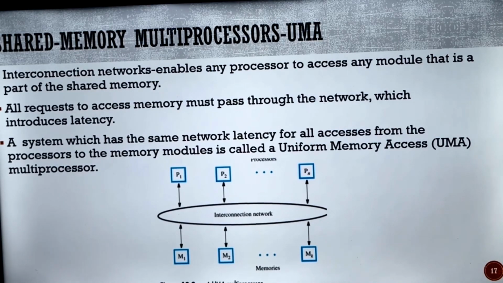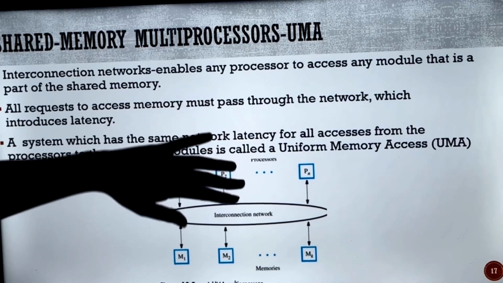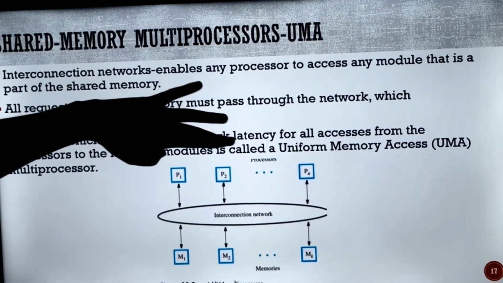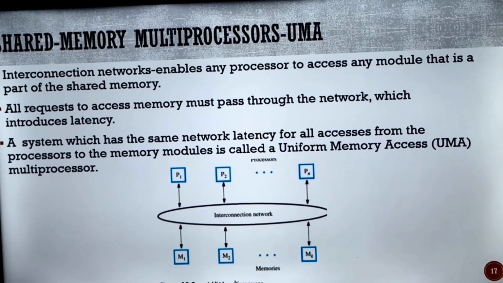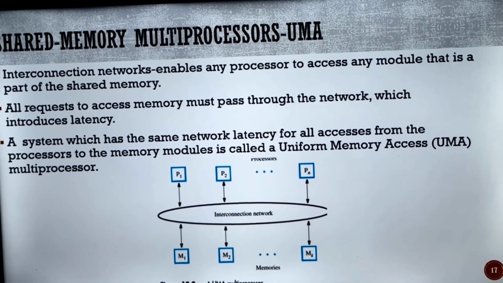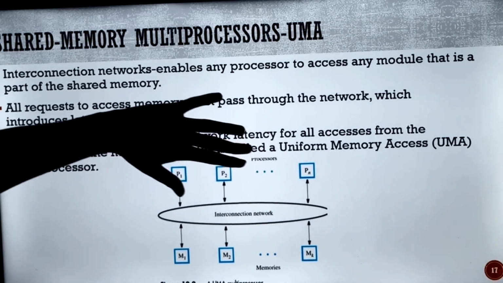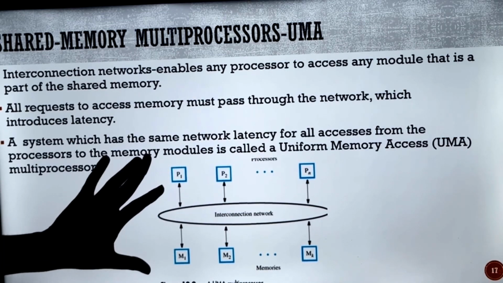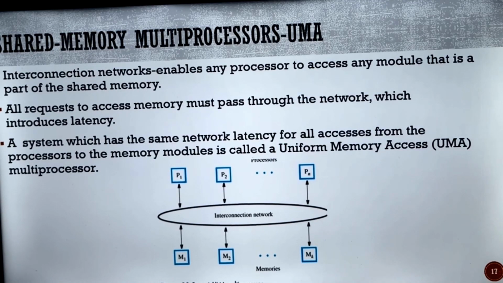In this architecture, there is also no concept of boss and client. Every processor gets equal preference and has equal probability to get the data. There is nothing like someone being client and someone being server. No, everyone is the same. So this is the architecture of UMA. I hope this architecture is clear.